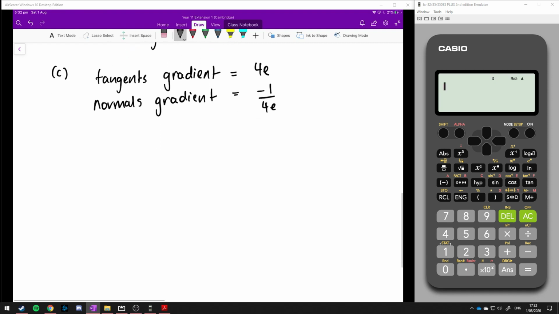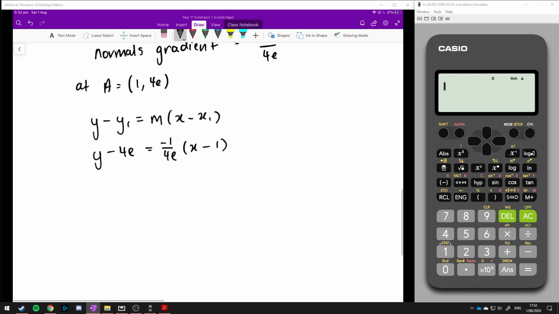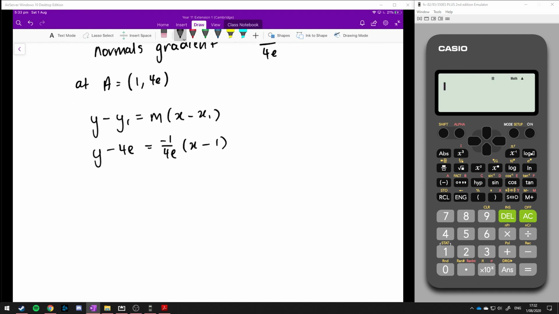So what we can do now, we know what the point is. So at A, which is (1, 4e), we can substitute y minus y1 is equal to m lots of x minus x1. So y minus 4e is equal to negative 1 on 4e, lots of x minus 1. What I'm going to do first is multiply everything by 4e to remove that fraction, because that's really nasty.